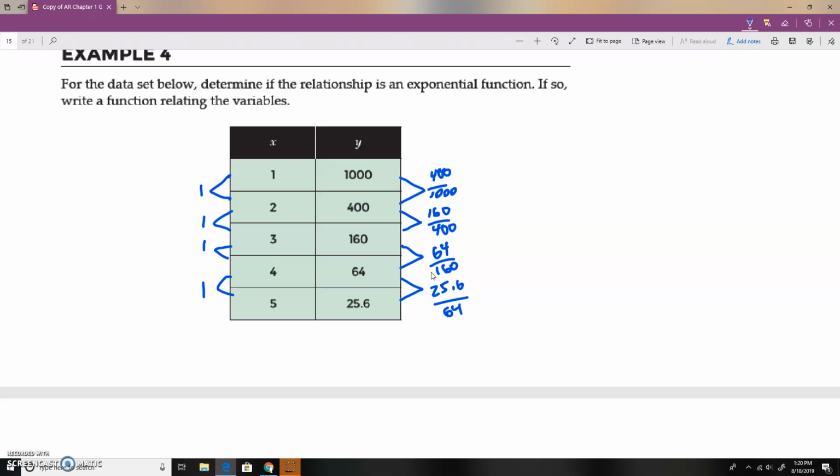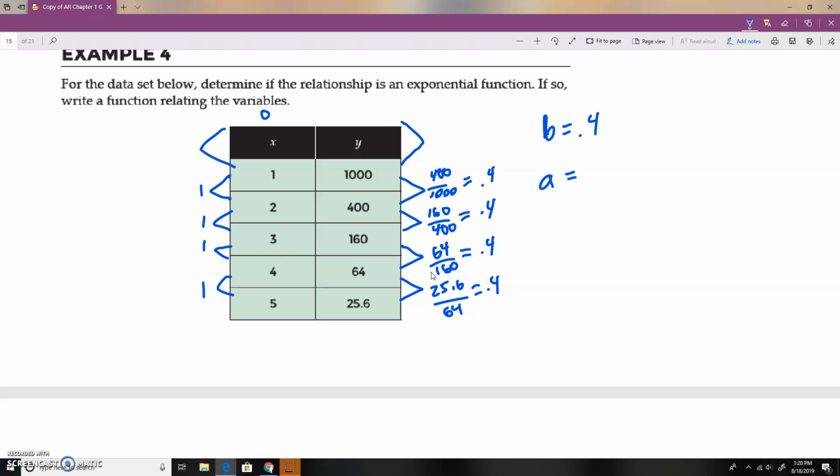If we punch these in the calculator and get a decimal for these so we can compare them, you will notice that the value we get for each of these is 0.4. So therefore we know our b value is going to be 0.4. Now remember, to get our a value, if we do not have 0, we need to take a step back to 0.